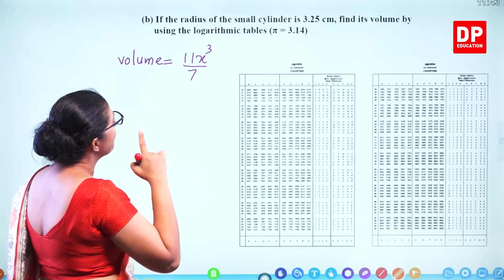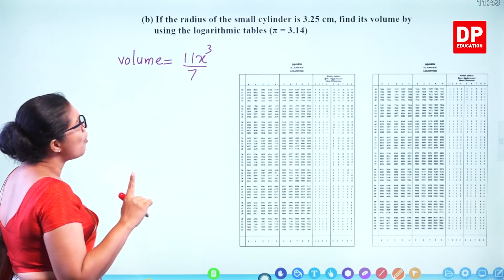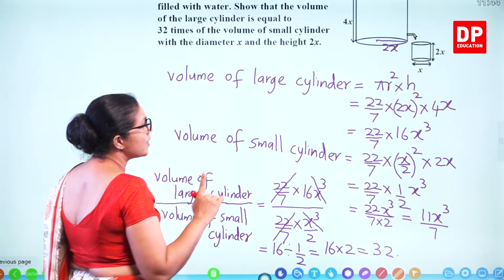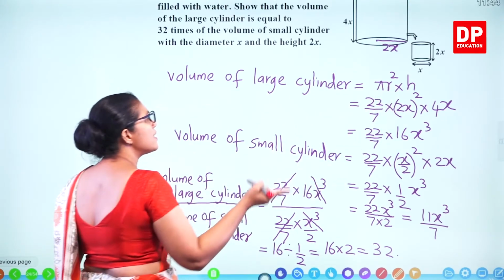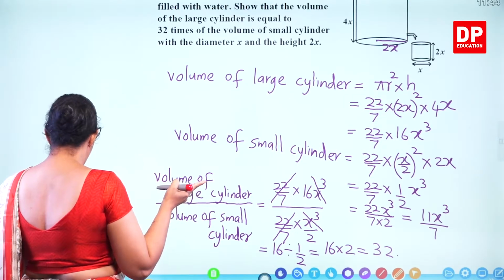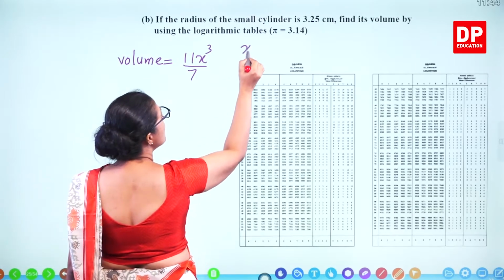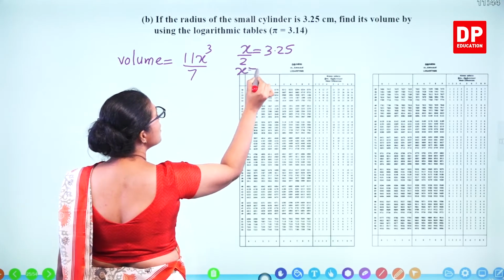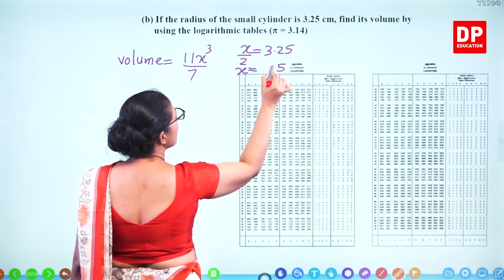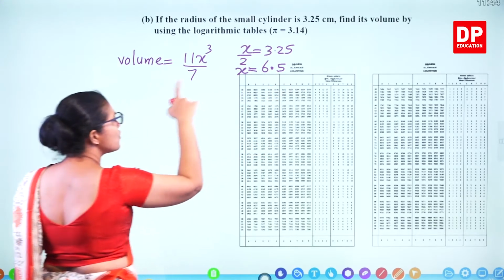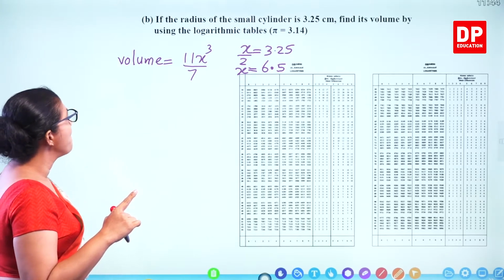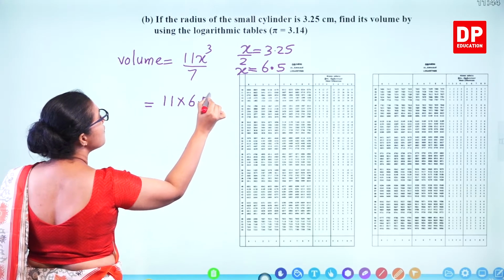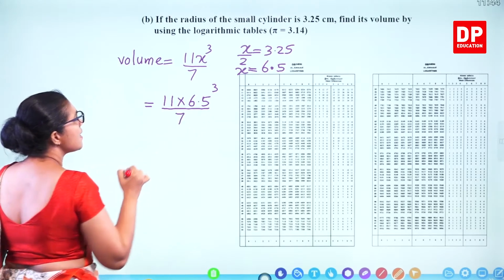Now it says the radius of the smaller cylinder is 3.25. So what's the radius? x over 2. x over 2 is 3.25. So what is x? Multiplied by 2, 6.5. So you have to substitute 6.5 there. Now we'll find out 11 into 6.5 cubed over 7.